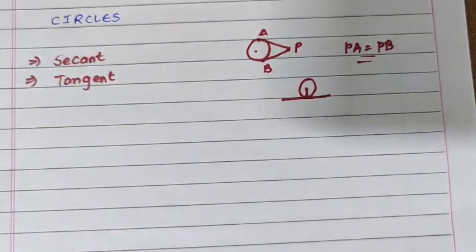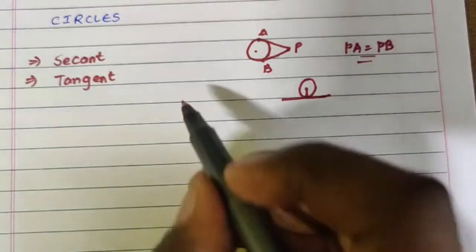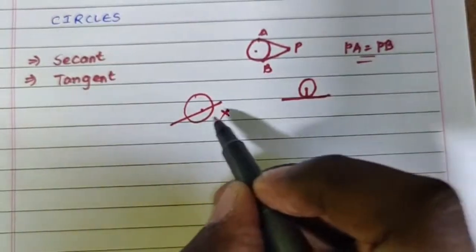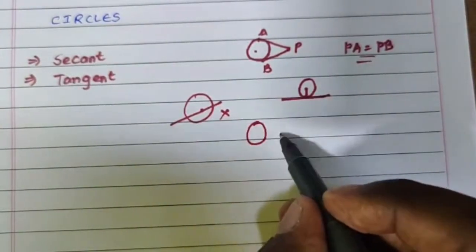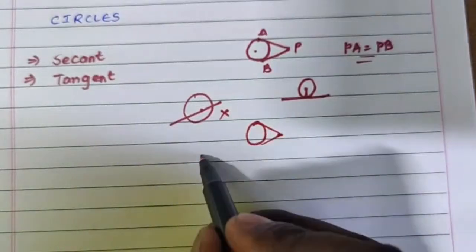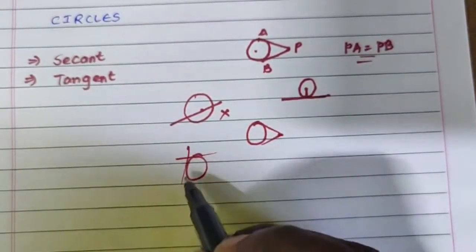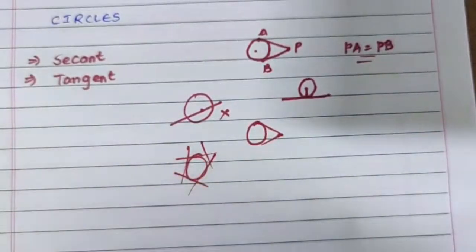From the outside point it is only 2. Inside, no tangents can be drawn. If a point is lying inside the circle, you cannot draw a tangent. If the point is outside, 2 tangents. On a point on the circle, only one tangent can be drawn.